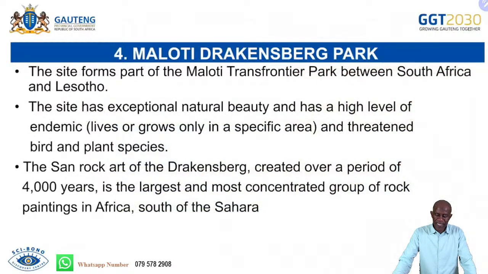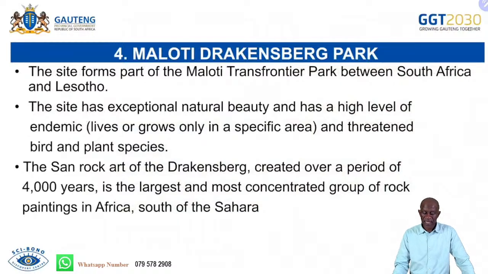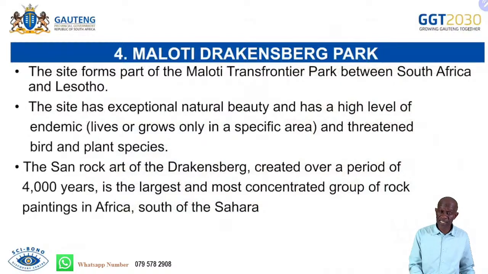The Maloti Drakensberg Park forms part of the Maloti Trans-Frontier Park between South Africa and Lesotho. I think I've mentioned this earlier. Trans-Frontier here suggests that to trans is to move across the border.